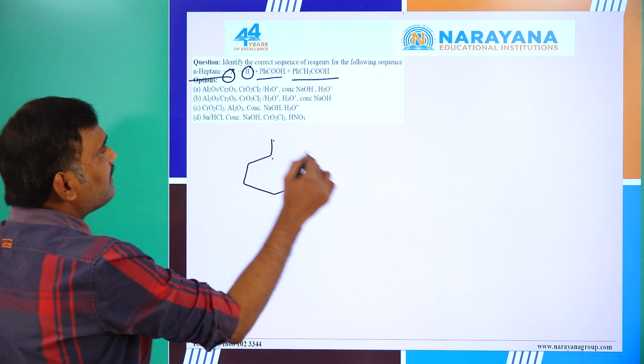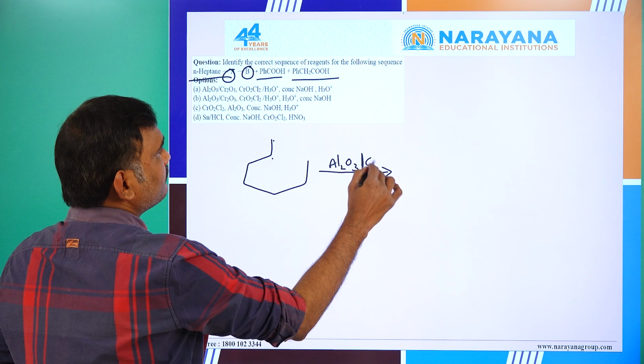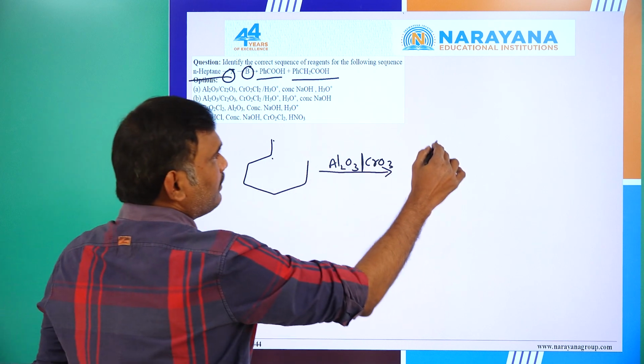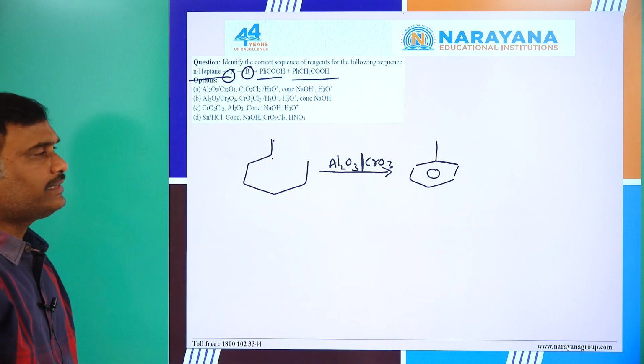N-heptane, which on Al2O3 or chromium trioxide, cyclization or aromatization occurs.